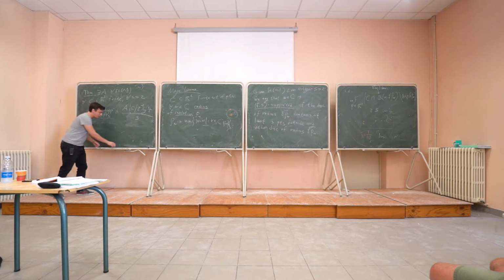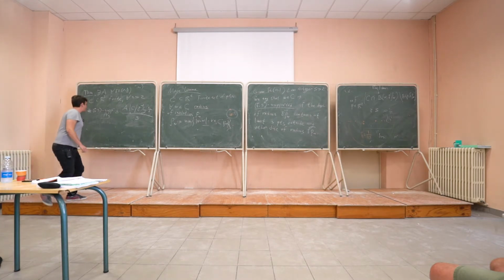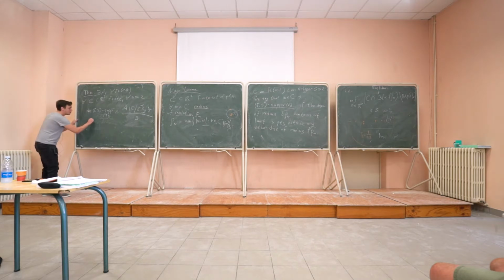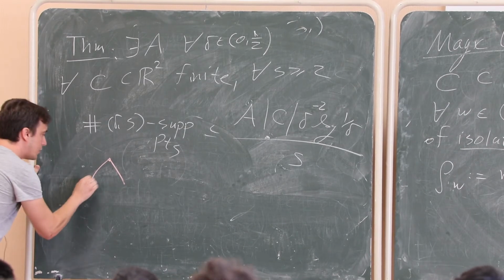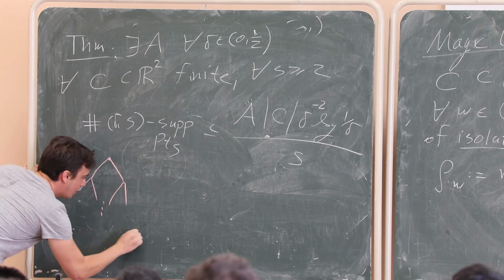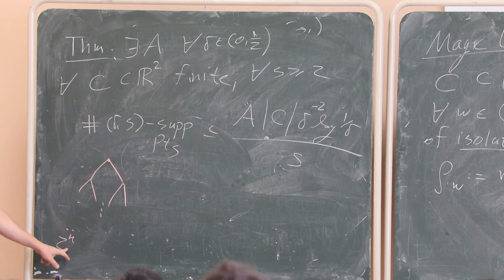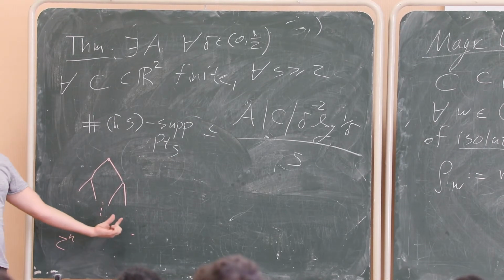Okay, so if you also want to convince yourself that this is true, you could check it on a few examples. You could check it on the drawing of the binary tree of height n, the usual drawing in which every time the edges' length becomes smaller by some factor, and so on. And at the bottom, you have 2 to the n leaves, which are 2 to the minus n separated.